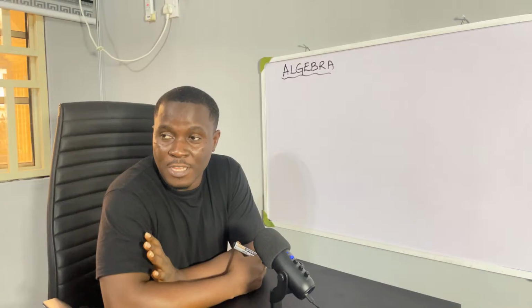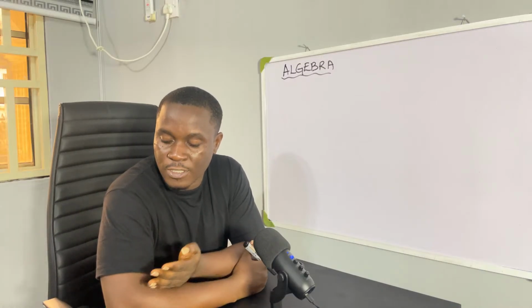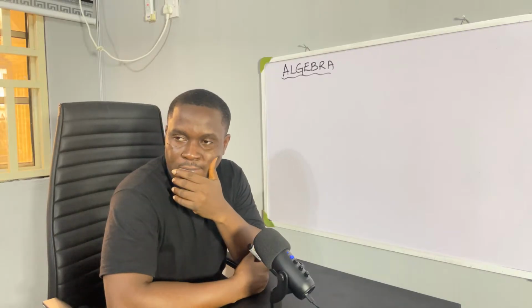Okay. So in simple terms, an algebra is a form of mathematics that contains numbers and letters.